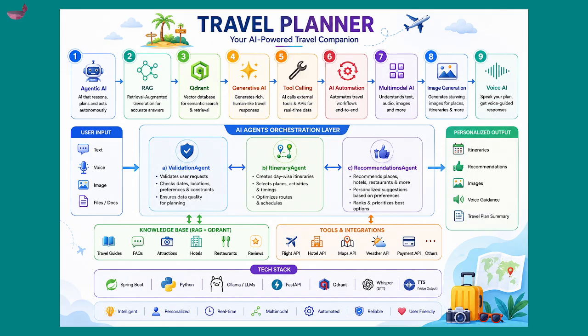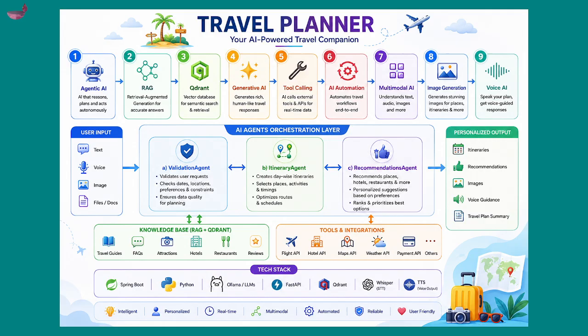So let's say you want to go to Goa or any place for 3 days, and you have got a budget of 60,000 rupees and a certain preference of going by flight, staying in a certain type of hotels, and you may like a certain type of food. You may be vegetarian, non-vegetarian, you may like Bengali cuisine or anything else.